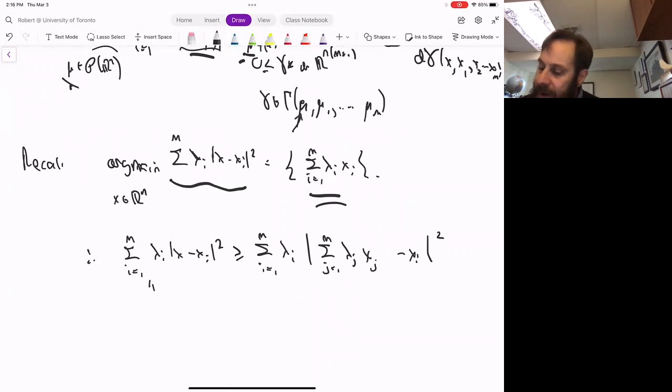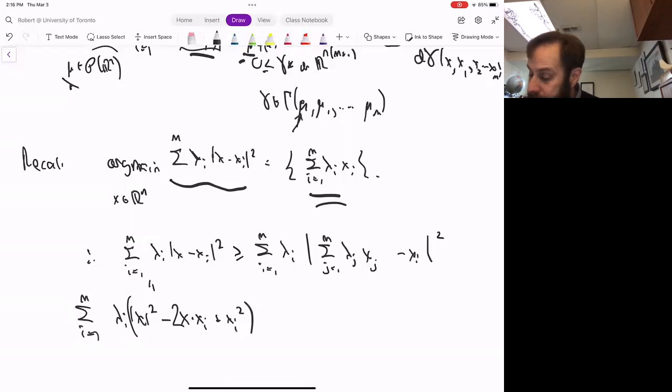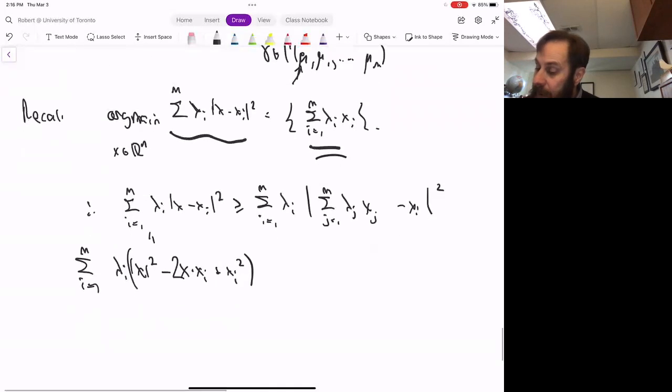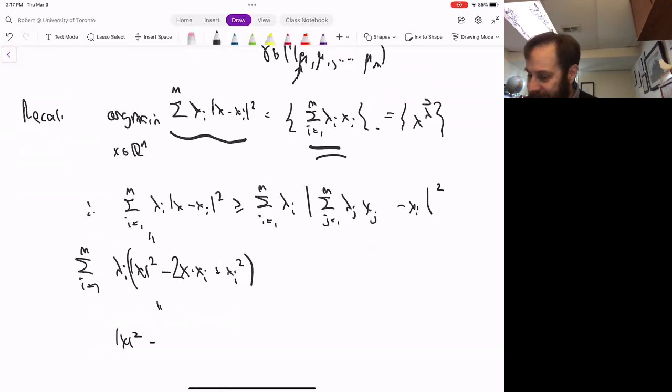So what's on the left here is a sum as i counts from 1 to m of lambda i times x squared minus 2x dot xi plus xi squared. And since the lambda i sum to 1, that's x squared minus, so I should give this a name. Let me call it x super lambda, the barycenter.